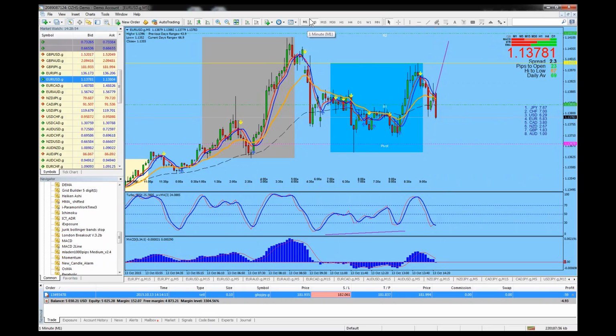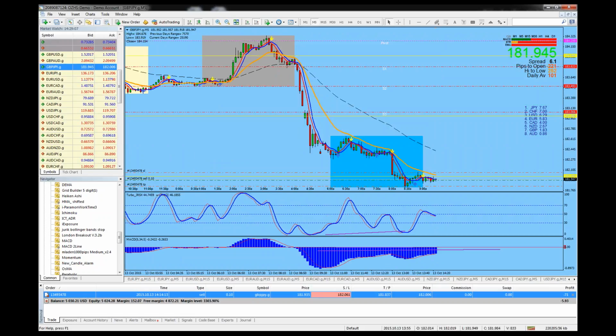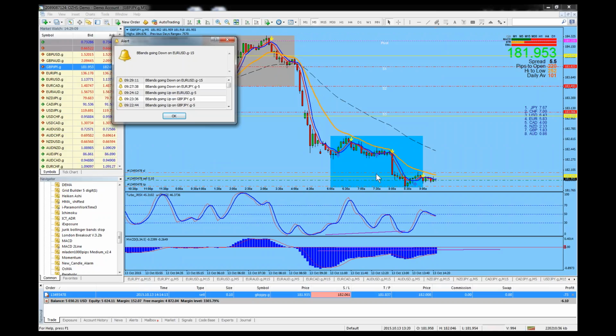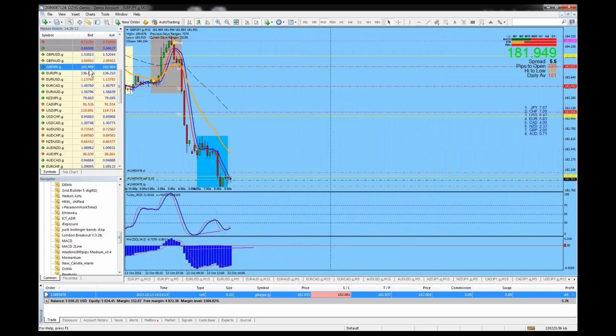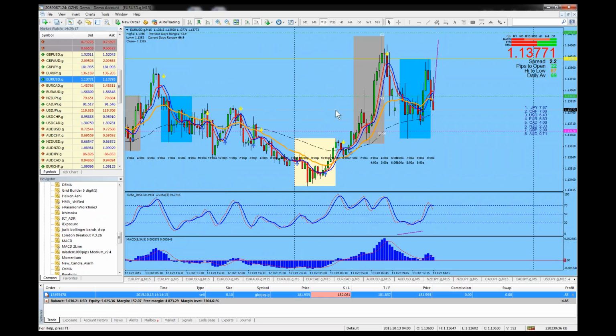Do I have a 1 minute chart open somewhere? Well, I'm only in pound yen at the moment. Let's go take a look at pound yen. And again, it's meandering. B band's going down, euro dollar 15. Let me get rid of this.